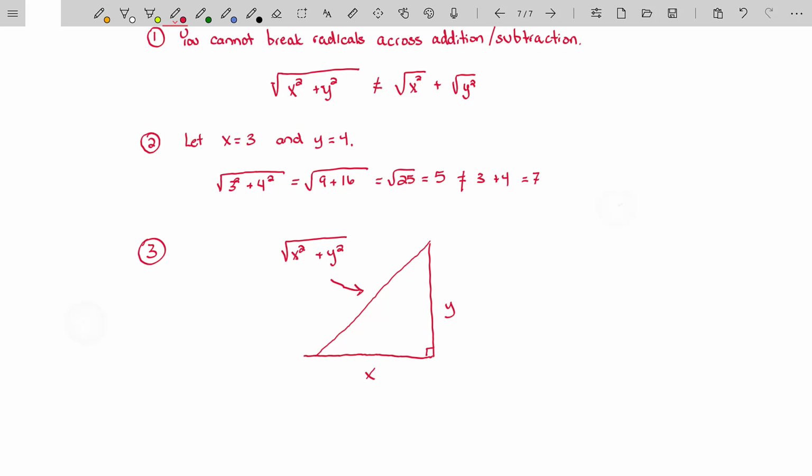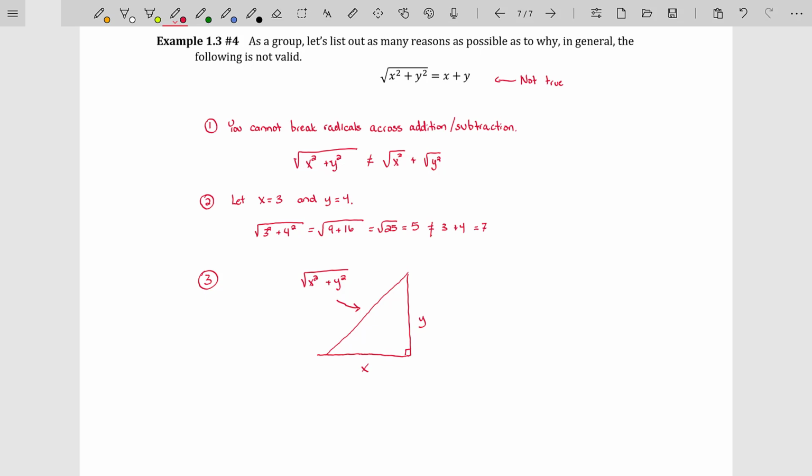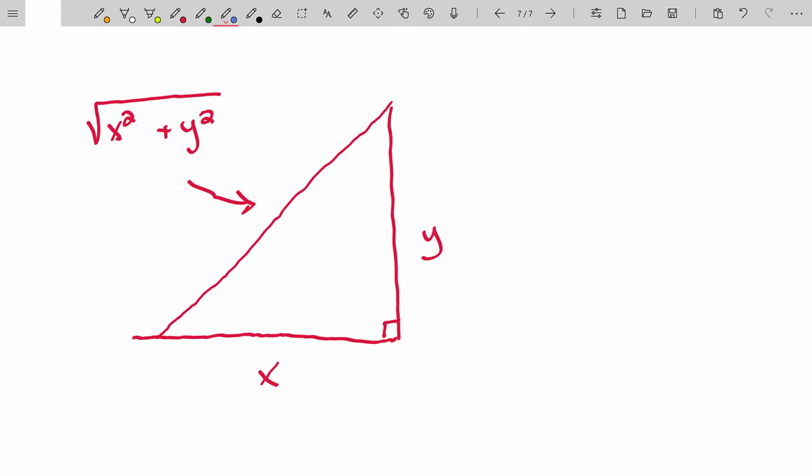Well, great. But how does that tell us that square root of x squared plus y squared cannot equal x plus y? Well, this is more visual in this case, so I just want to showcase it here. If I were to look at this length y, and I were to try to say, okay, well, this is that same length y right there, you could see from here to here, if that's of length y, and we have this length x down here, and we're to say, okay, well, let me see if that square root of x squared plus y squared is the same as the length y plus the length x.